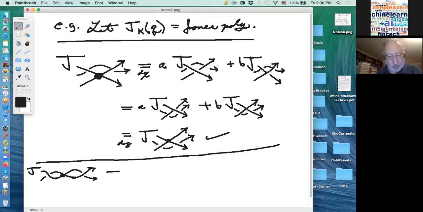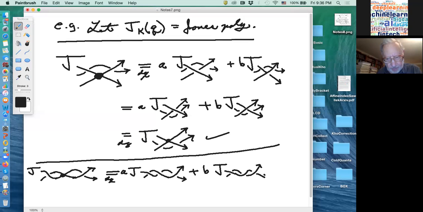And by definition, this is equal to j of, and now we keep everything the same and run this one over and multiply by a. And then we take the other guy and run this over, and this one under, and there, and multiply that by b.